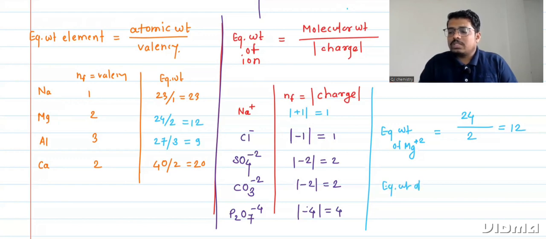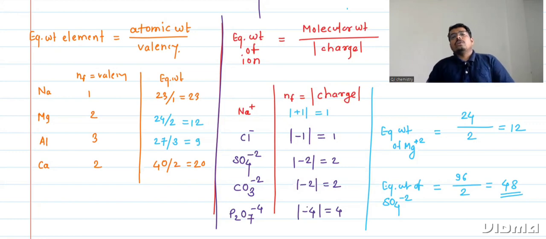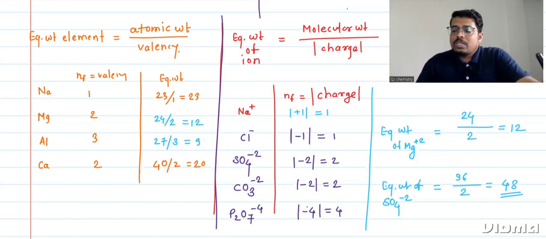In sulfate ion, the molecular weight is 96 divided by n factor 2, equal to 48. 48 is the equivalent weight of sulfate ion. So for any ionic species, if you know the charge on the ion and the molecular weight, then by using the formula, equivalent weight of ion is equal to molecular weight divided by charge, we can easily calculate its equivalent weight. Next type of compounds are salts.